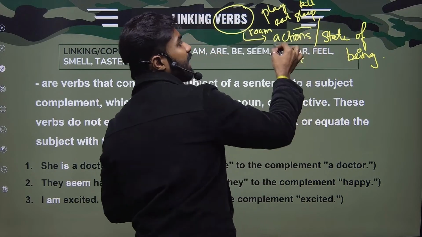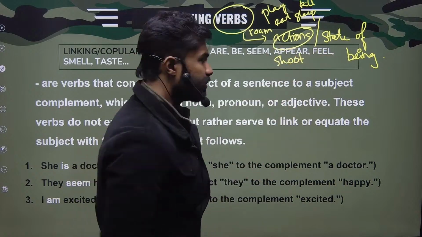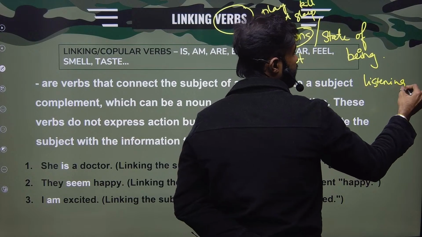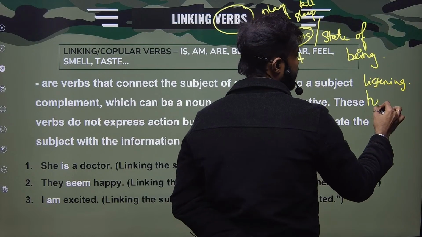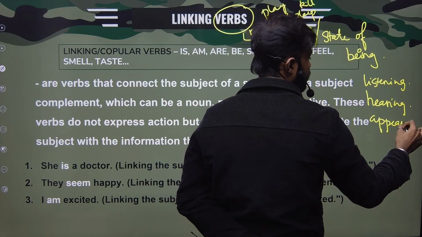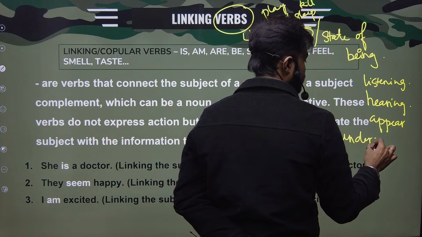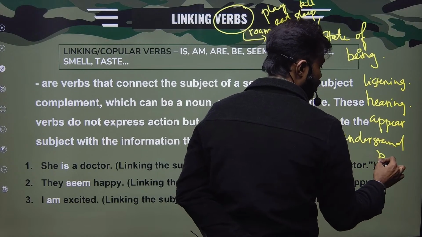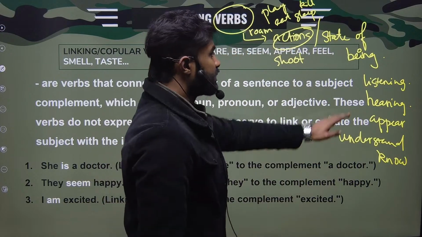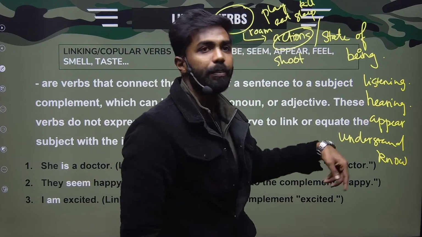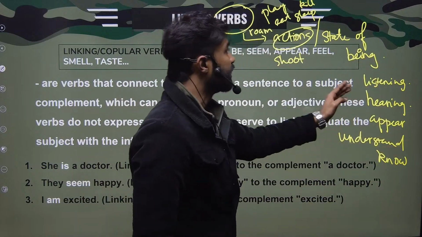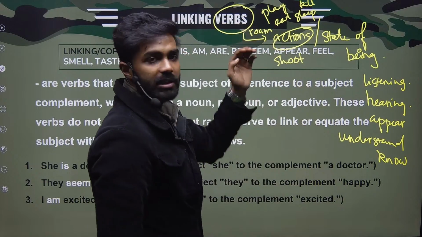All these are my actions. State of being, matlab, listening, hearing, appear, understand, know. All these are not my actions. Listening, hearing, appearing, understanding, knowing, these are not actions, but these are my state of being. So state of being and actions are called my verbs.